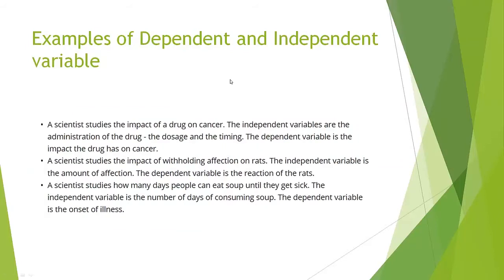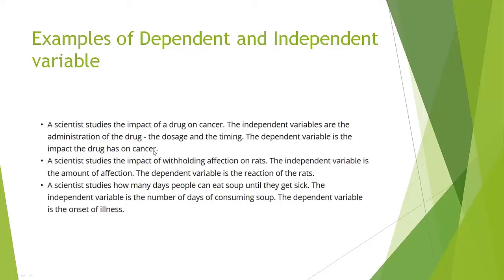So here we have got some examples of dependent and independent variables. The treatment for cancer, how the drug has an impact on a cancer patient. Here, the independent variables are dosage and the timing. The dependent variable is the impact the drug has on cancer.